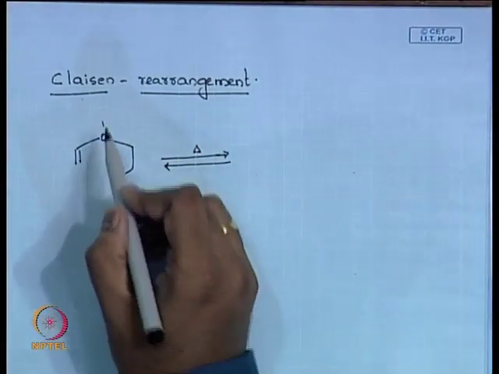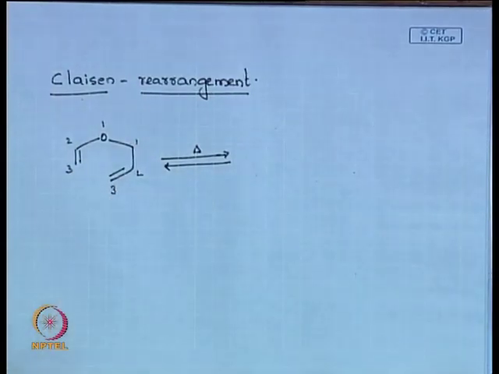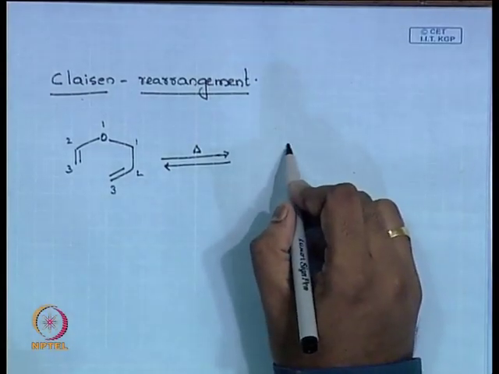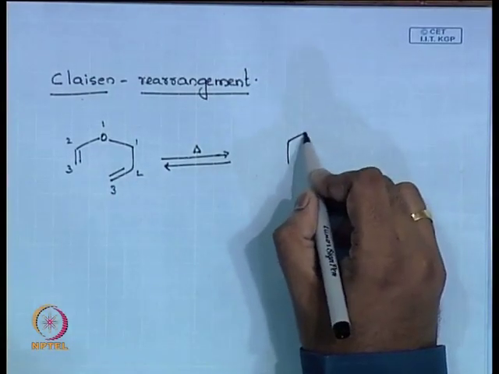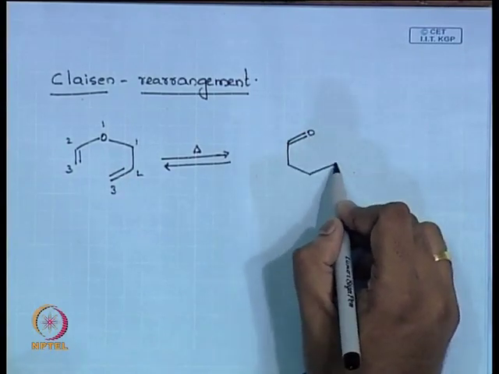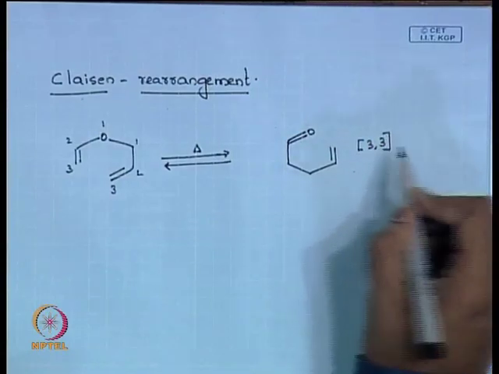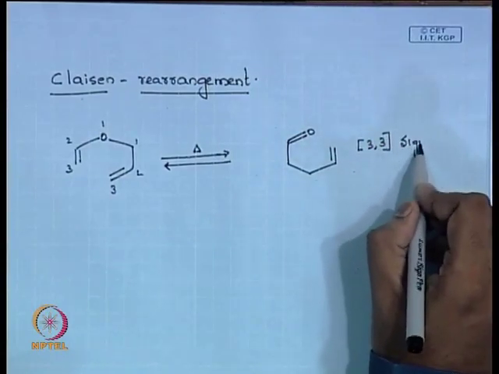So, then I can make 1 2 3, 1 2 3. So, it can be a 3,3 sigmatropic shift, giving me the product, a 3,3 sigmatropic shift.